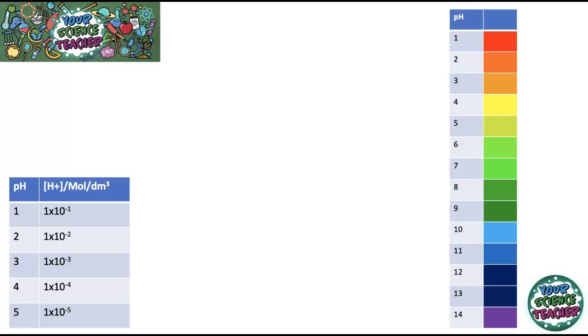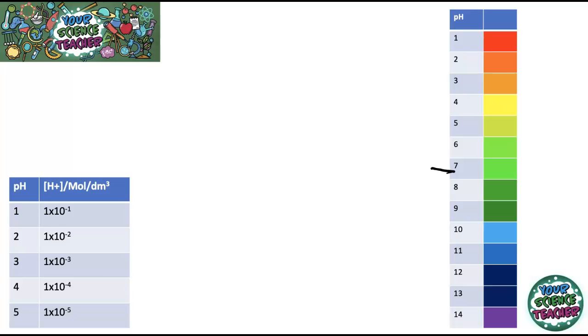Now we're just going to go into a bit more detail on acids, what they actually are, and having a look at the pH scale. So the first thing to look at is this pH scale over here, and a pH scale is a measure of how acidic or how basic something is. So if I have a look at this pH scale, and we'll start in the middle, 7 is right in the middle.